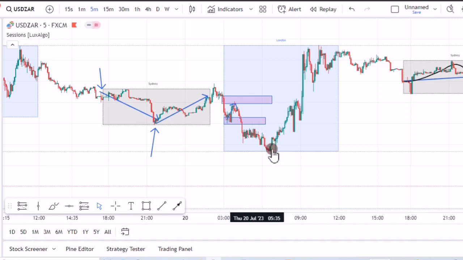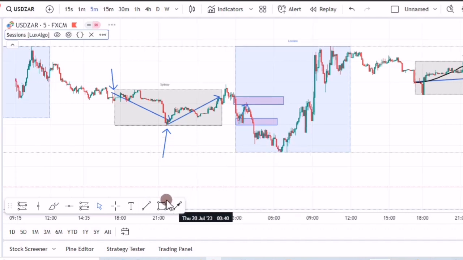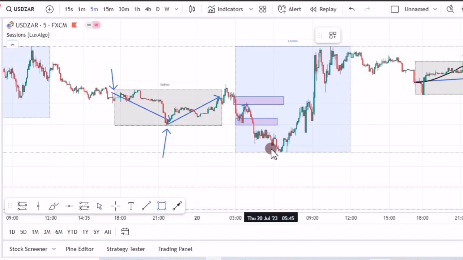Okay, and then when price right here gives me this V, okay, you mark the lowest point, and then that lowest point started there.